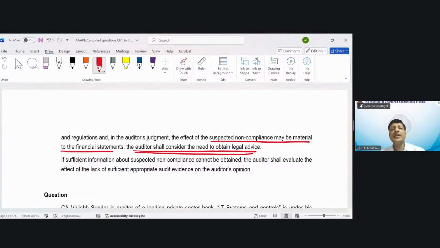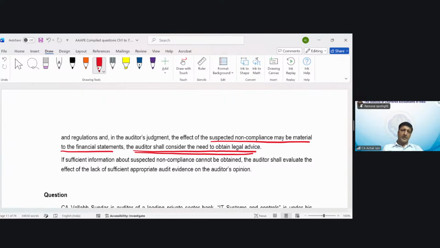If sufficient information about the suspected non-compliance cannot be obtained, so you can always say it's about lack of information. What if you are not getting the information? Yes or no? If you do not get the required level of information, which is important for you to complete that, what do you do?